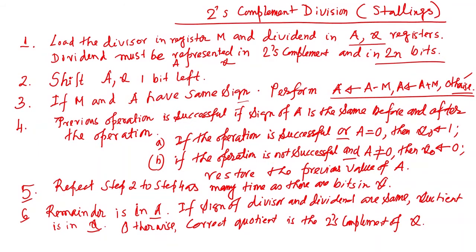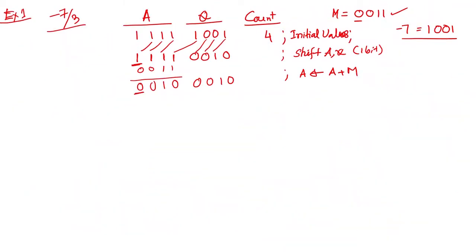If the operation is not successful and A is not equal to 0, and obviously A is not equal to 0, then we perform Q equal to Q 0. So therefore, what we do is set this bit to 0. So 0 0 1 0, to indicate this, we set this value to 0, and we restore the value of A. Restore means the previous value should be given again. So this should be 1 1 1 1.